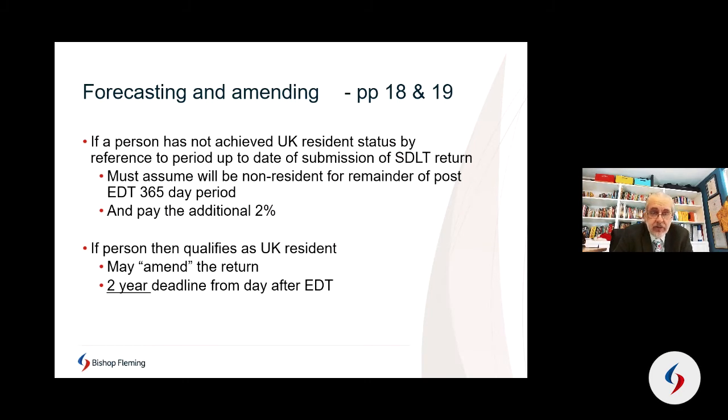We have to amend the return the old-fashioned way, which means writing a letter to the stamp office, sending a copy of the original return, the contract, the transfer document, quoting the reference number, explaining why we're amending the return. It's a cumbersome process. It's going to be costly. It's not going to be a simple 5-minute job like it is for the 3% surcharge refund.